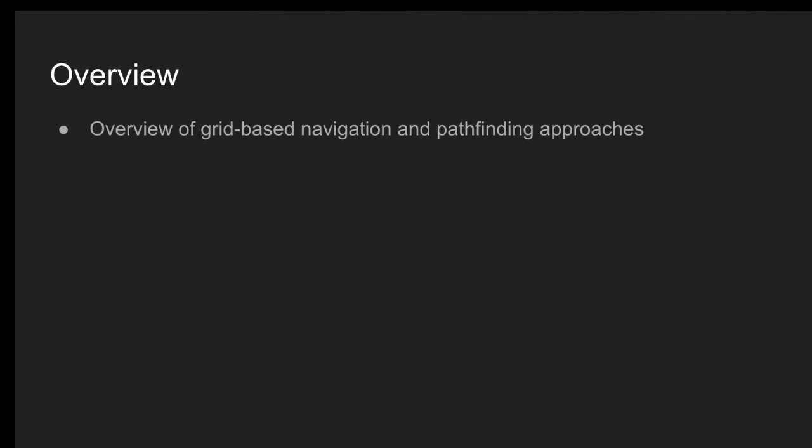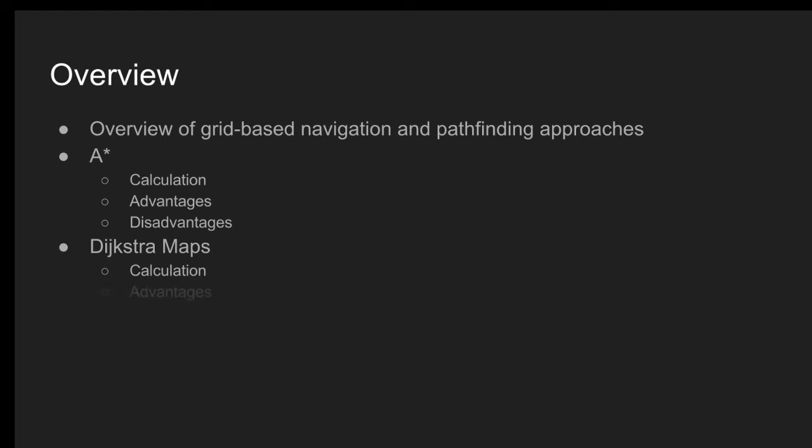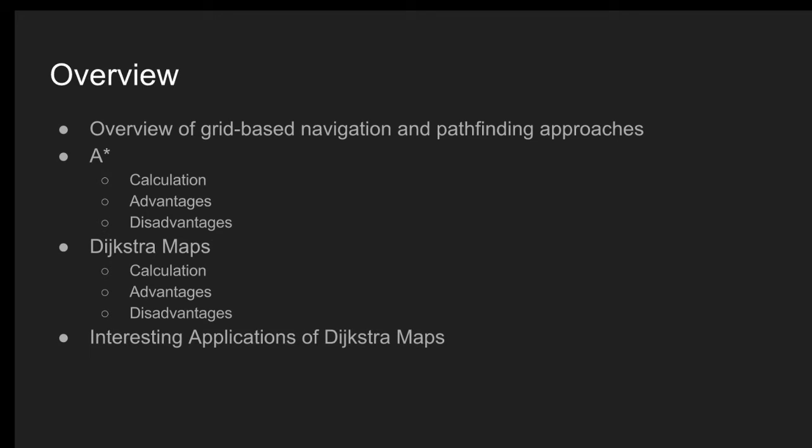So the overview of what we're going to be talking about today is a very basic understanding of how grid-based navigation and pathfinding works, and A-star, the basic idea of how it's calculated, what makes it good, where it's not so great in certain applications, and then we'll move on to Dijkstra maps and how they're calculated in a very hand-wavy way, and the advantages and disadvantages of Dijkstra maps, and then we'll move on to interesting applications of Dijkstra maps and how you can use them in roguelikes in particular.